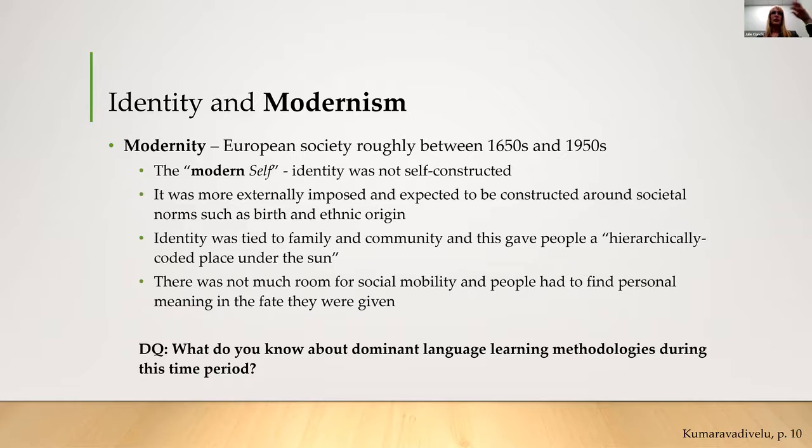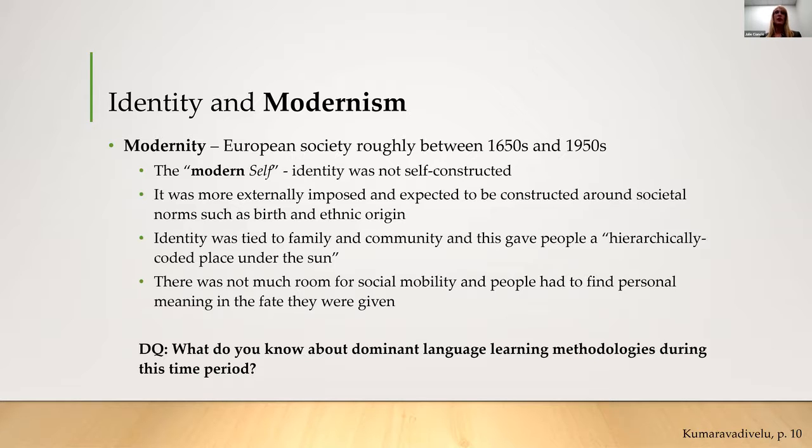And it was more externally imposed. So you can see where the king would tell you what you would do as a part of the fiefdom, or if you were nobility, you had different roles, and that was externally imposed upon you. You didn't have a lot of choice back then. It was decided by your birth and your ethnicity and the village that you were born in.